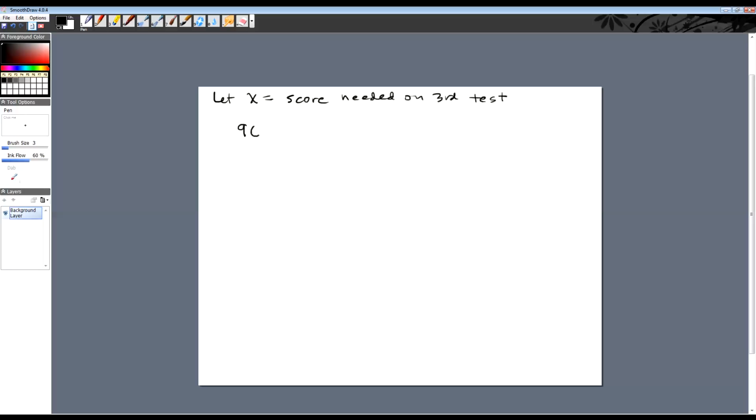We know that to calculate an average, he has a 90 and an 82 plus the X that he needs, and the average is the sum divided by the number of individual parts that there are. And he wants to have a minimum of an 84 average.